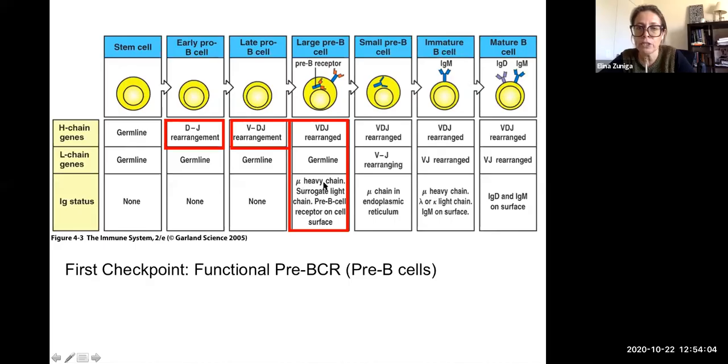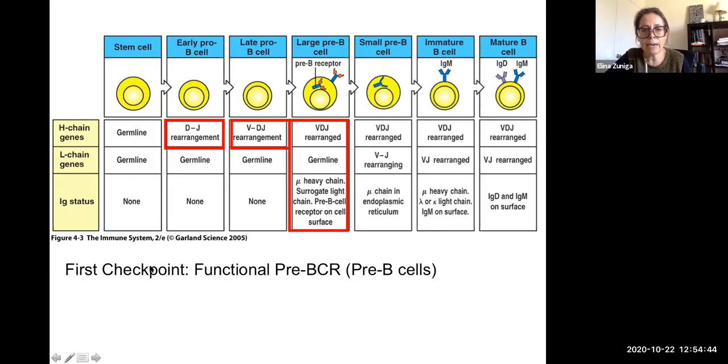So it's the heavy chain of immunoglobulin M. That's combined with a surrogate light chain, which we will learn more about, to form a surrogate BCR. Again, it has the correct heavy chain with the variable region that has just been rearranged and the mu constant region, so a complete heavy chain, and a surrogate light chain. That's called a pre-BCR, and it is expressed on the surface of this developing B cell.